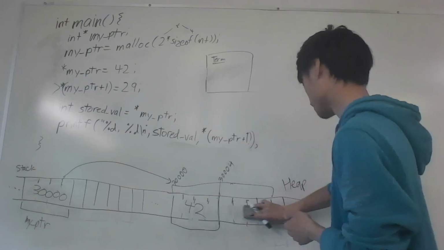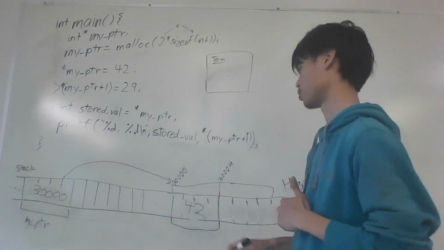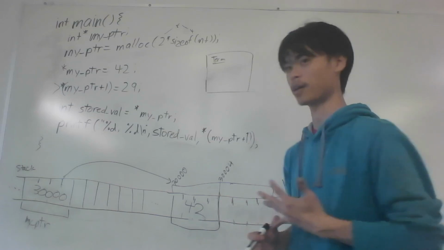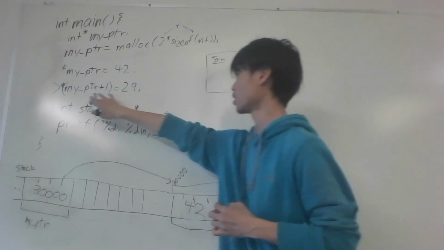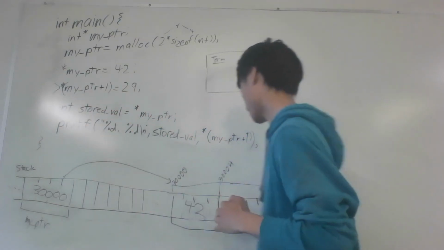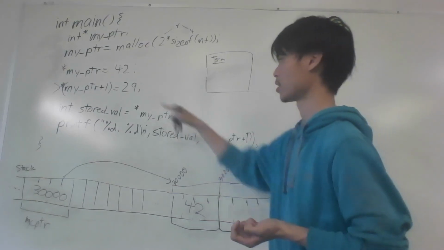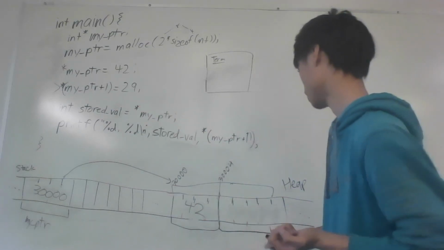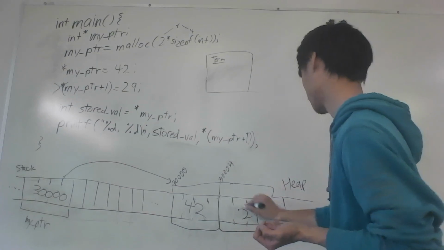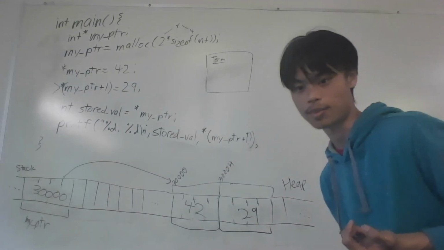The arrow is not as helpful here anymore because there's no arrow pointing to 30,004, but numerically, this is what it means. Take the chunk of memory at address 30,004 and do whatever you will with it. In this case, it's an assignment. So you assign the value 29 into this piece of memory.